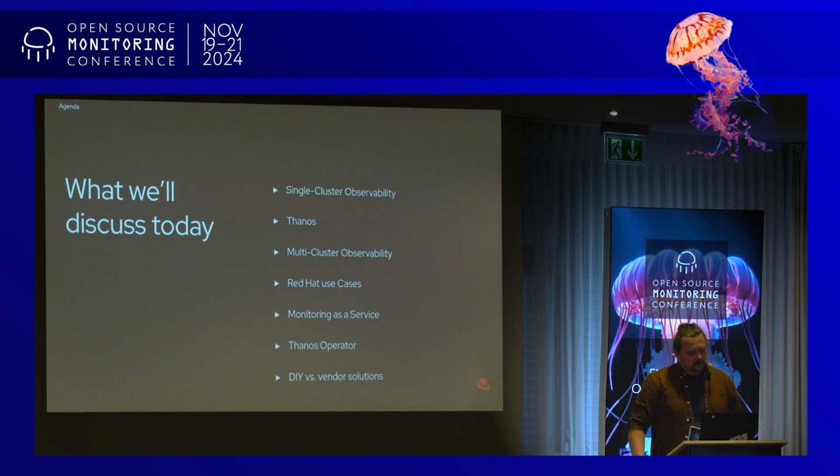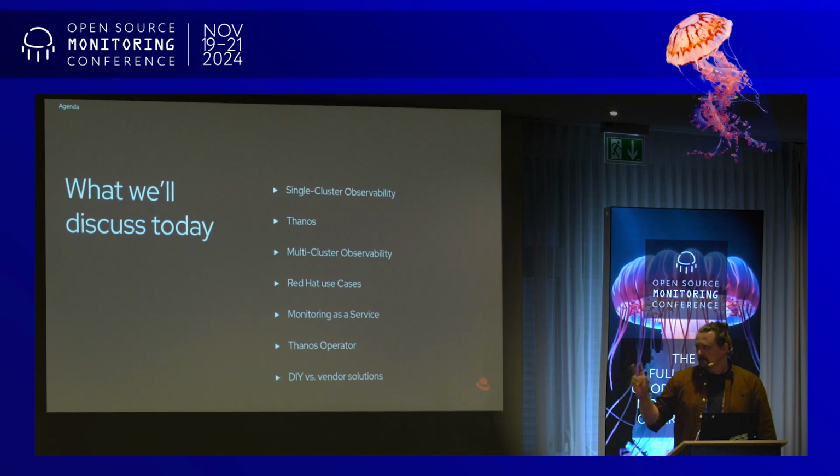So we go to the multi-cluster observability, look at the Red Hat use cases, how we leverage multi-cluster observability for answering different business questions. We'll look at monitoring as a service. It's basically the infrastructure we provide for our internal teams, and also which we then ship for customers.